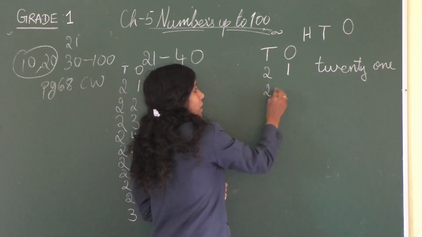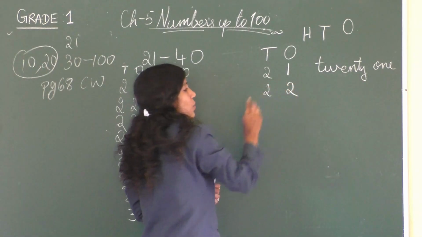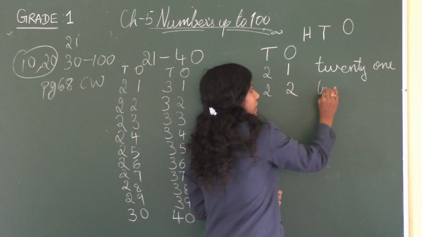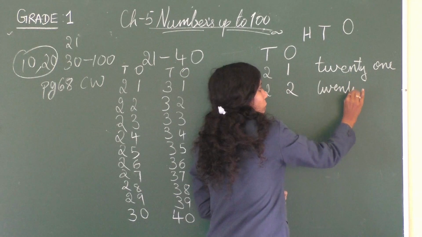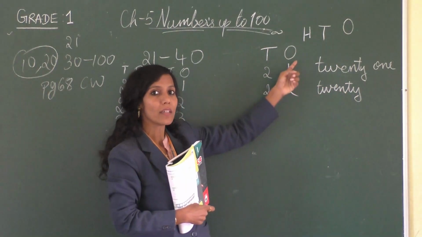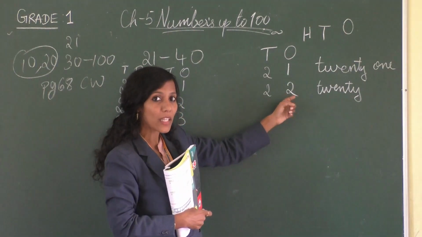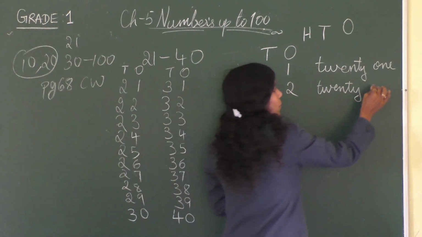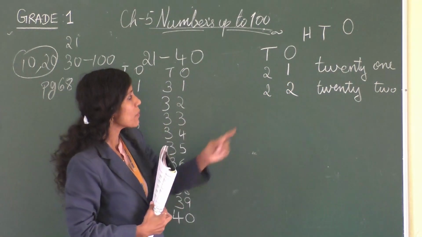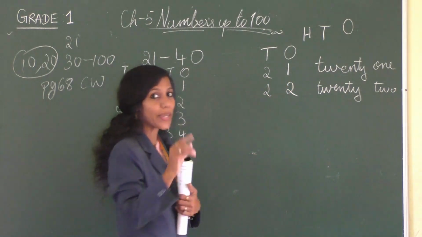Next, 22: 2 under tens, again you write 20, and 2 under ones, so you just write the spelling of 2. We write here TWO. Similarly it continues till 29.